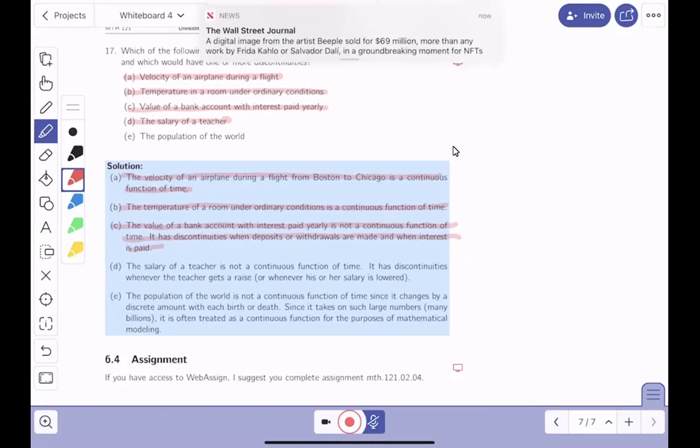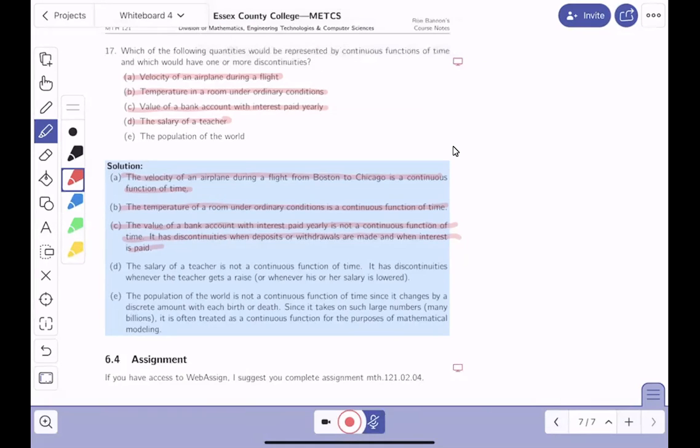So over time, most teachers' salaries, when they get a pay cut, all of a sudden, boom, it shoots down. Not a lot, by the way. Likewise, when they get a pay raise, it shoots up. It jumps either up if they get a raise or down if they get dinged. People get dinged a lot nowadays. But anyway, the salary of a teacher is not a continuous function of time. It changes whenever the teacher gets a raise or whenever his salary is lowered.